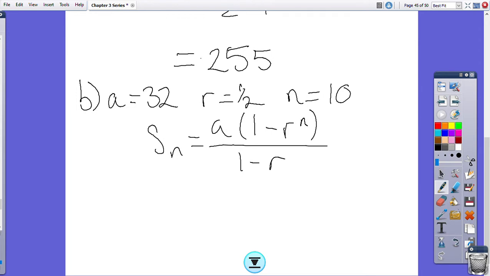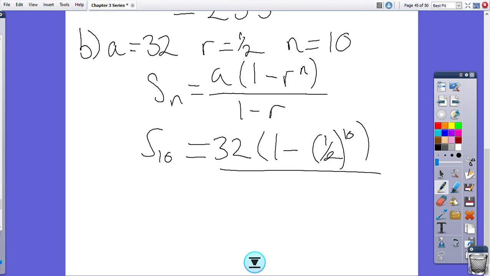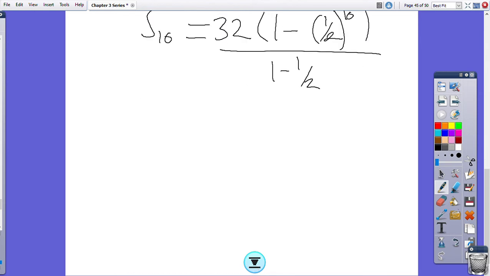At this point we sub in. The sum of the first 10 terms is 32 times (1 − (a half)^10) over 1 minus a half, which is a half. So put that all into your calculator.